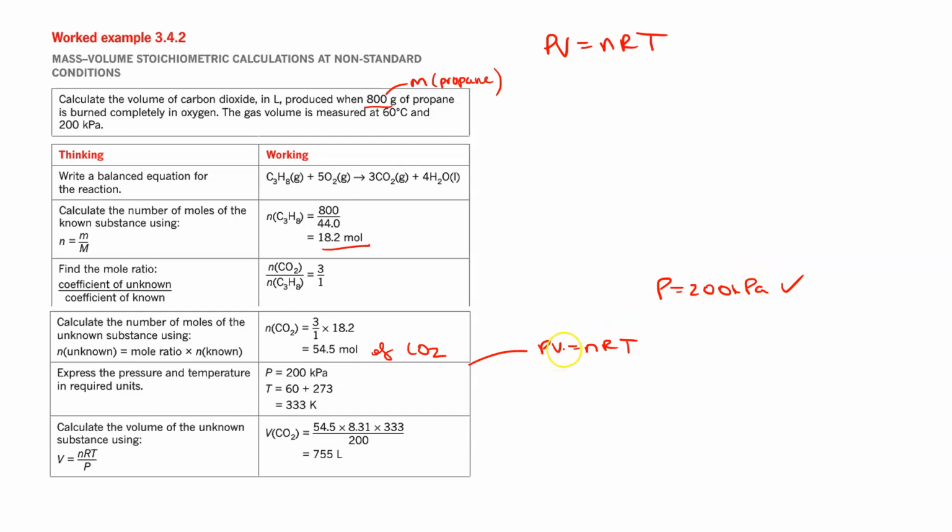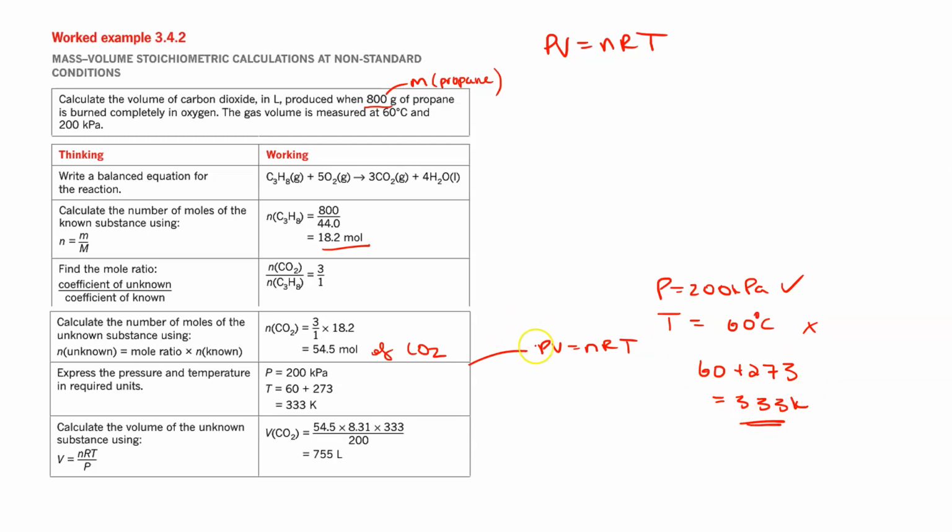V is what we're looking for. n we have as 54.5, but temperature is equal to 60 degrees C. We can't substitute that in without converting to Kelvin. So we're going to have 60 plus 273 to convert to Kelvin, which is going to give us 333 Kelvin.